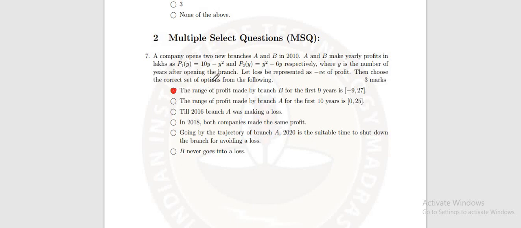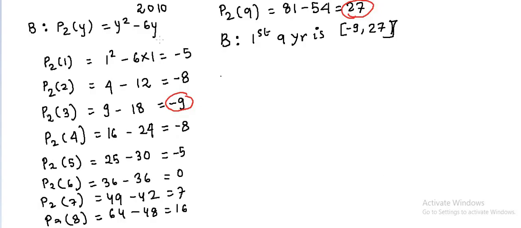Similarly, we will look at option B: the range of profit made by branch A for the first 10 years is the closed interval [0, 25]. Let's calculate for this also.